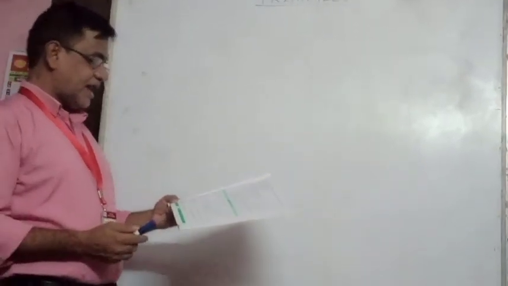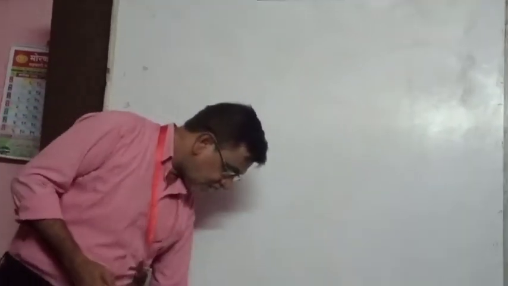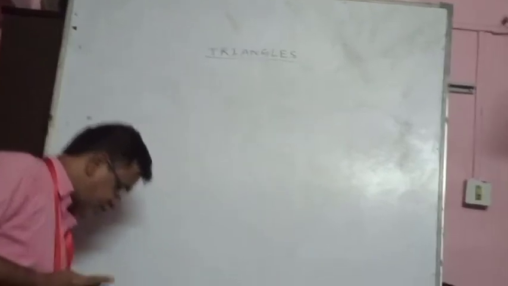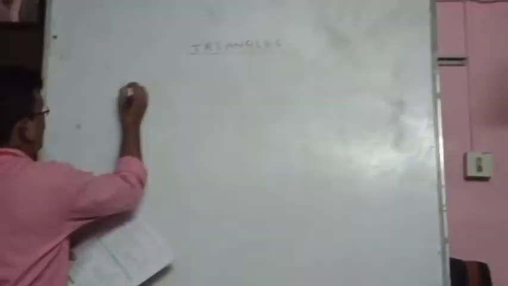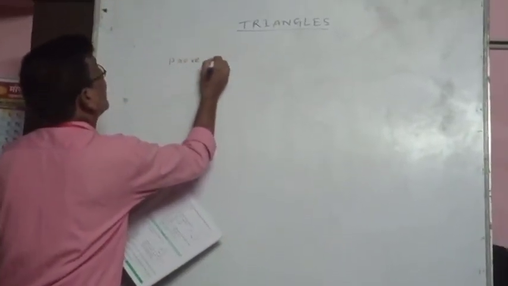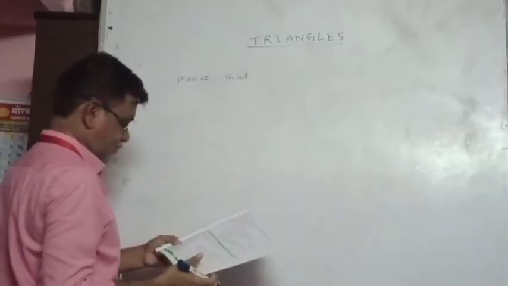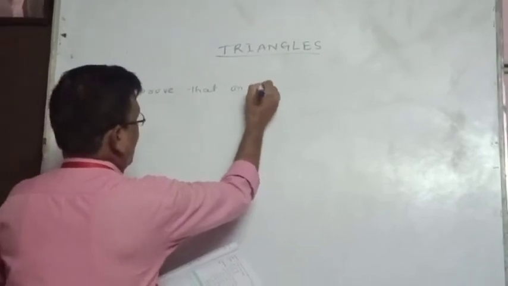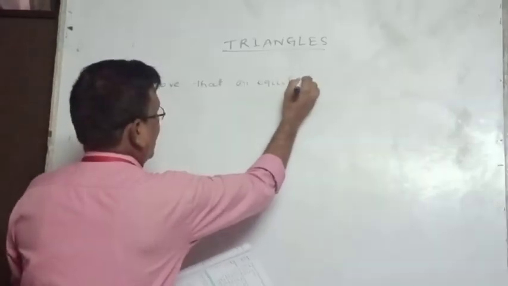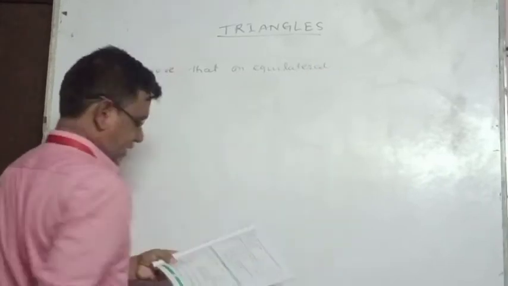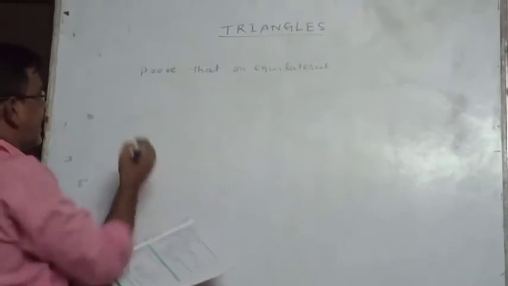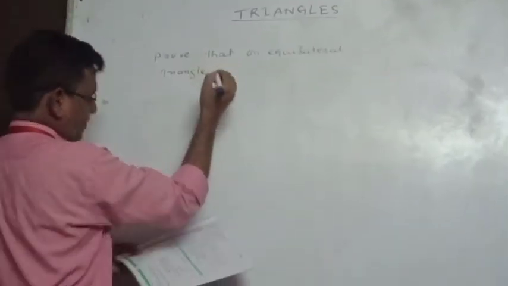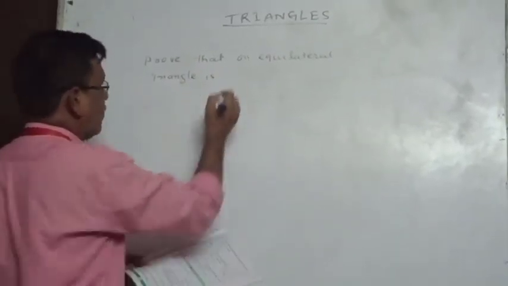See here, the question is prove that an equilateral triangle is equiangular.